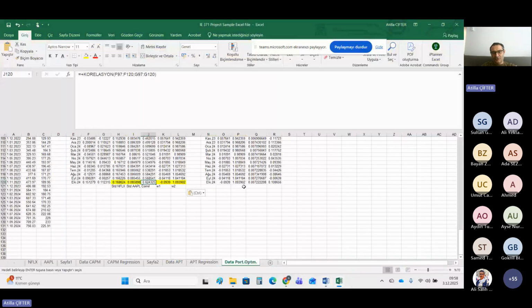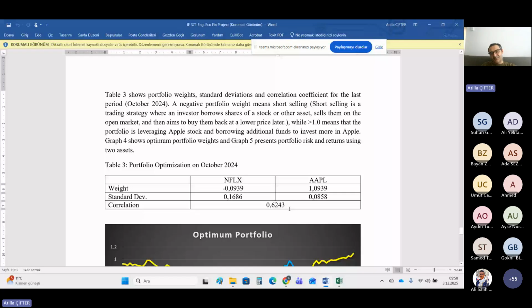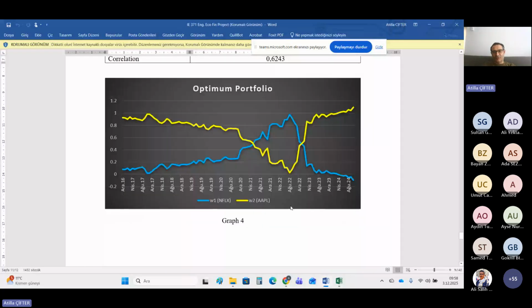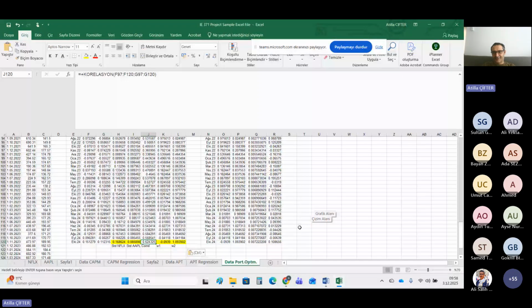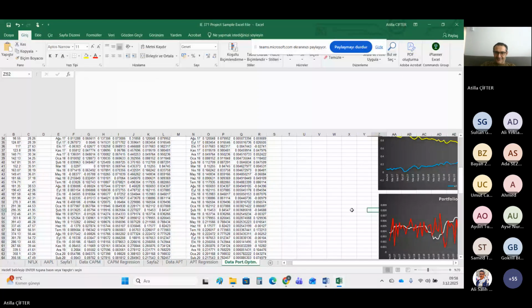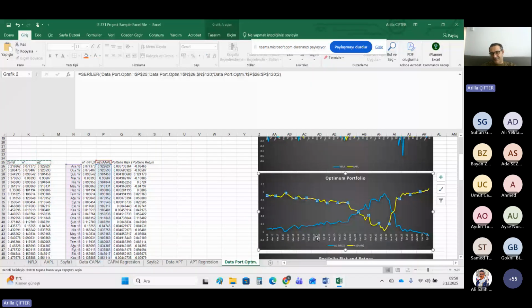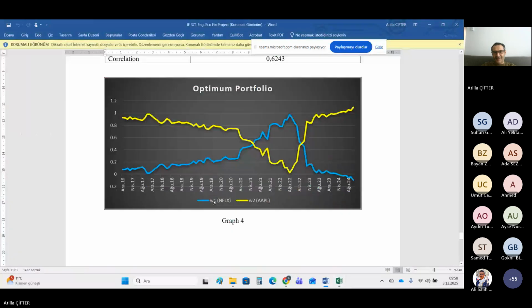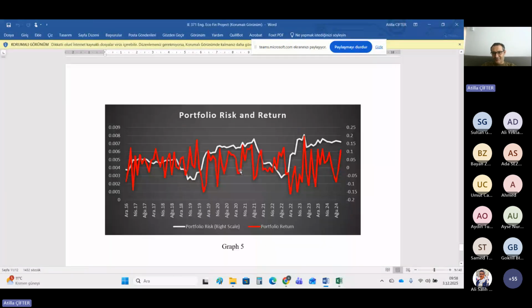So you need to update this table. And now the question: what is the optimal portfolio, and how can we find the graph? Look at the optimal portfolio. It is already calculated. You just take the graph and paste. And then portfolio risk and return.